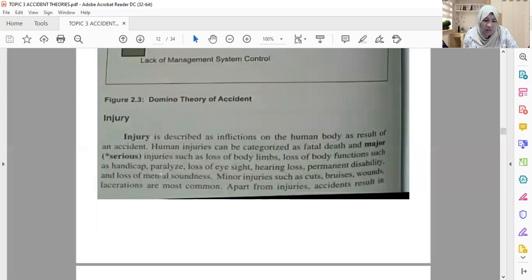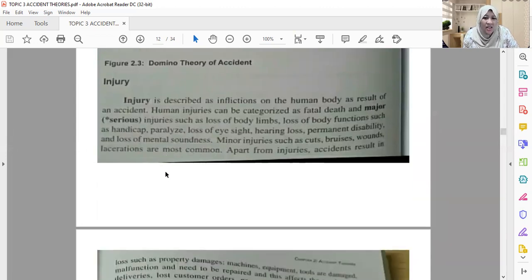Human injuries can be categorized as fatal deaths, okay, and major serious injuries. When they have the bolded word in here, major serious, meaning seriously. Injuries such as the loss of body limbs, loss of the body function such as handicap, and then we do have the paralyzed, we have loss of eyesight, okay, hearing, and we do have hearing loss, boleh menyebabkan kehilangan pendengaran, penglihatan, permanent disability.